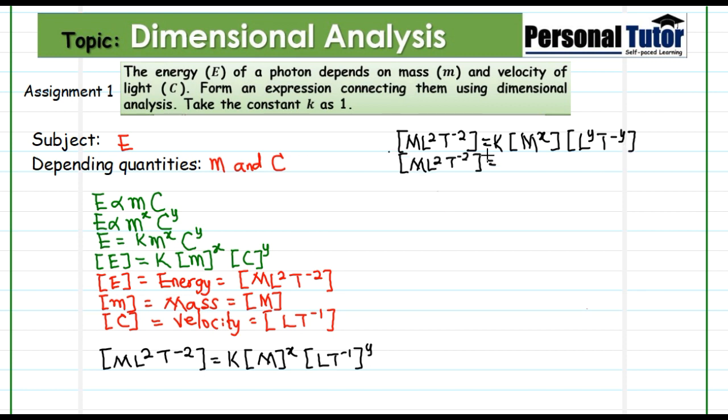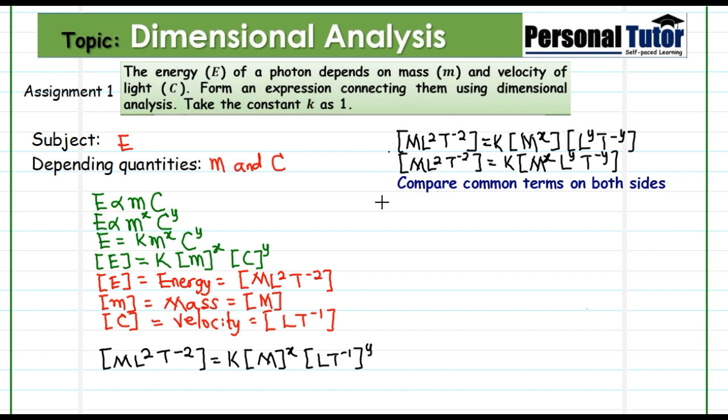We go on by keeping the left hand side as it is. The right hand side multiplies as M to the power s, L to the power y, T to the power negative y. Let's then compare common terms on both sides.